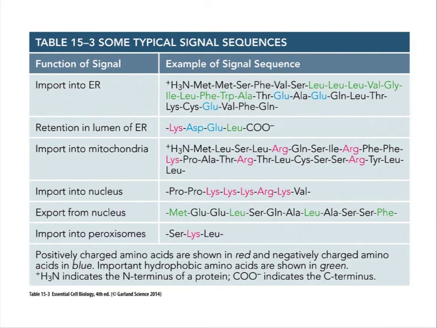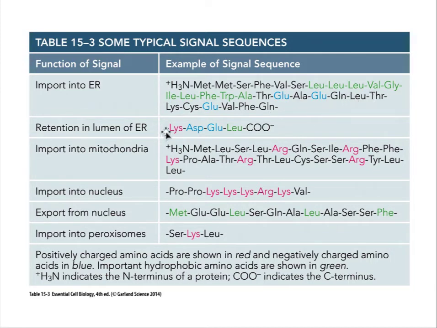What do these sequence signals look like? The signal sequences. Well, the answer is that they vary from cell to cell type, and they also can vary between the signal for a particular destination. And as you can see here, it's the amino acids themselves that form the signal sequence.